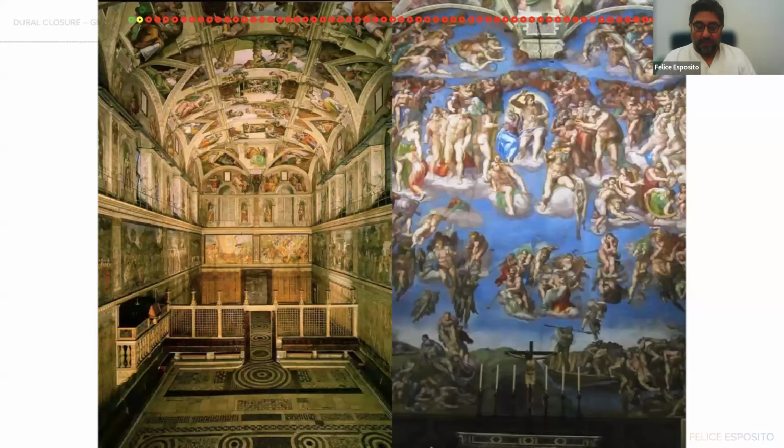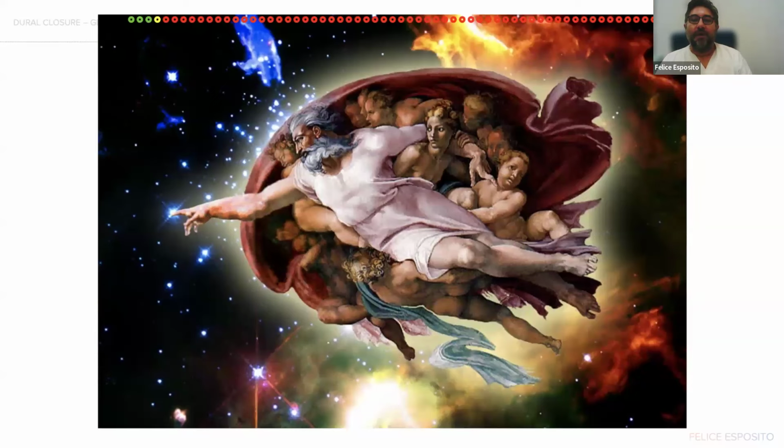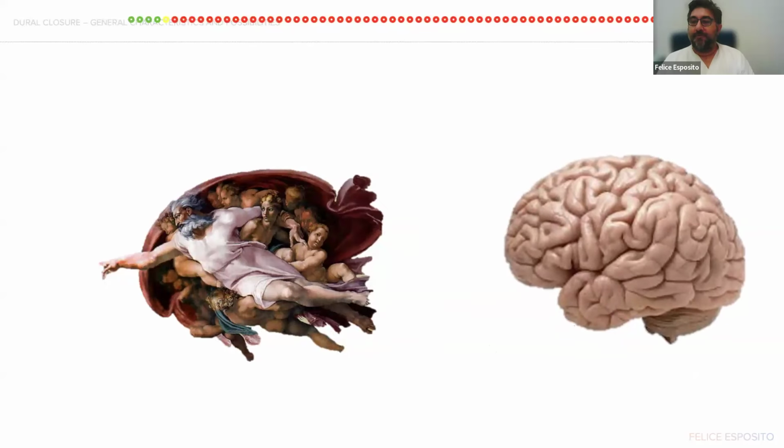Why am I showing this in this presentation on dural closure? Because this may be one of the most famous frescoes in the ceiling of the Sistine Chapel. And if we consider the figure of God, we may see that Michelangelo painted the figure of God with this mantle, this coat, I would say, and it is the shape of a brain.